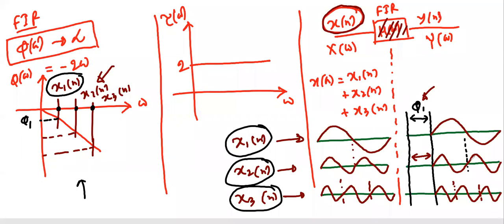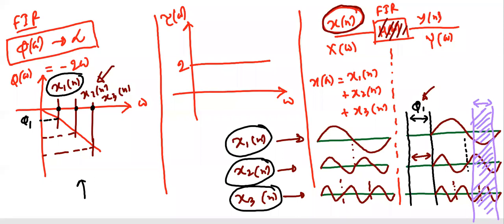For example, if I put this line arbitrarily in between, what is the phase for x1[n]? What is the phase for x2[n]? Definitely the phase is higher. What is the phase of x3[n]?